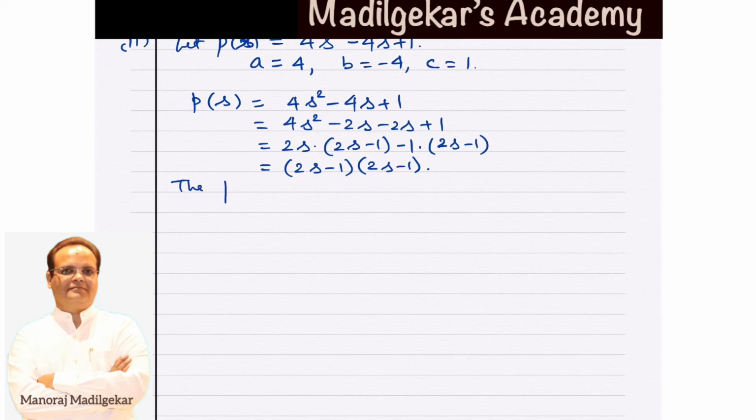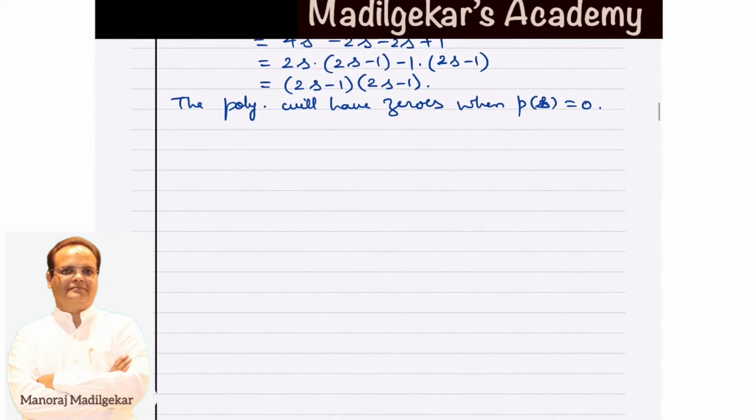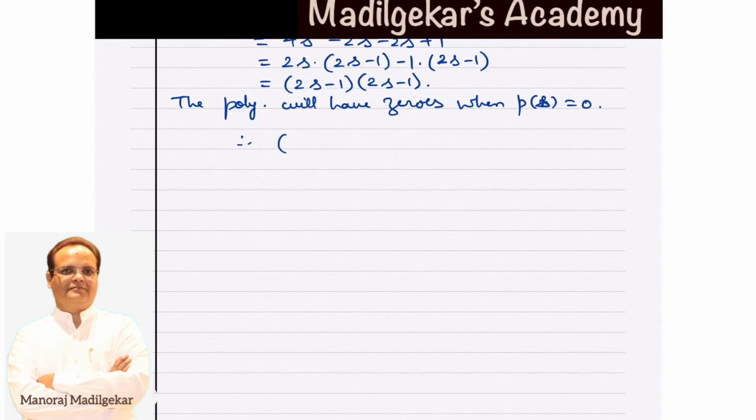The polynomial will have zeros when p of s is 0. Therefore, 2s minus 1 into 2s minus 1 equals to 0.